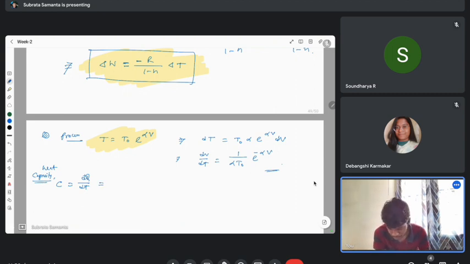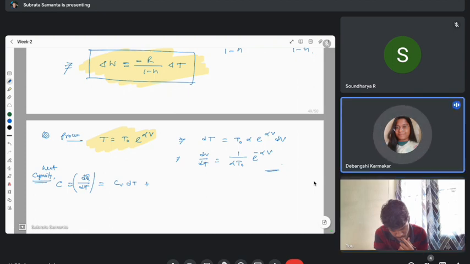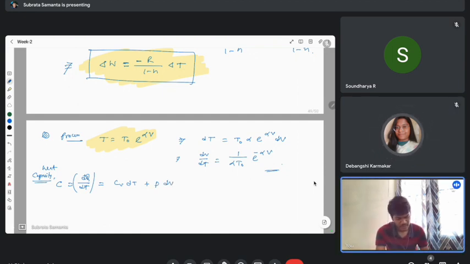And we know the general formula for dQ/dT. So the general formula is dQ/dT equals CV plus, what is the general formula for this, just only PdV?